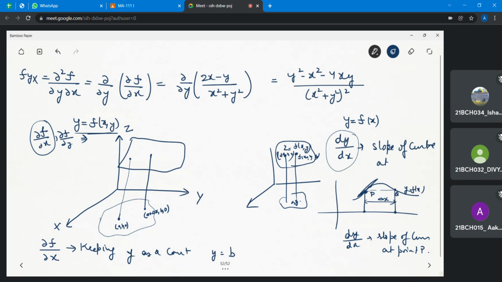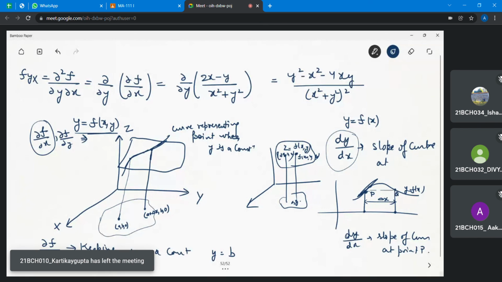Likewise, keeping y as a constant, whatever points you take, corresponding to them you will get a curve, which will represent where y is constant. This curve represents points where y is a constant.